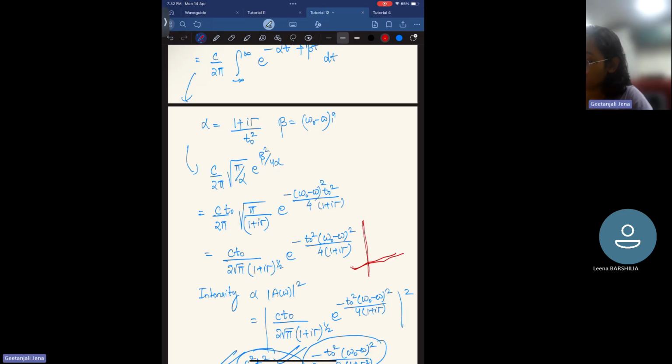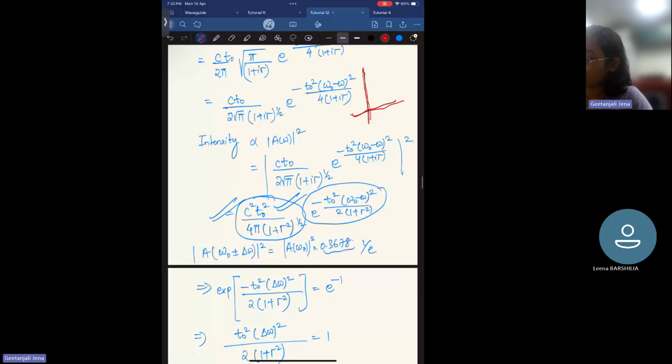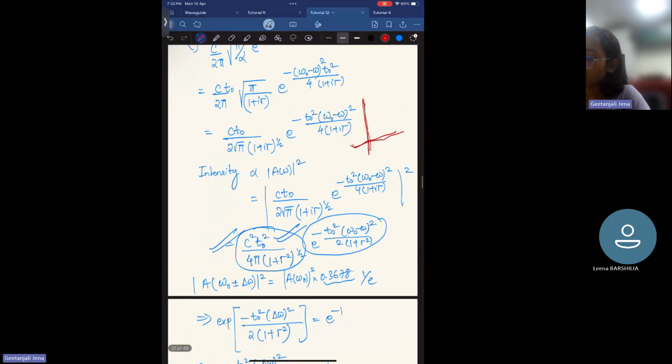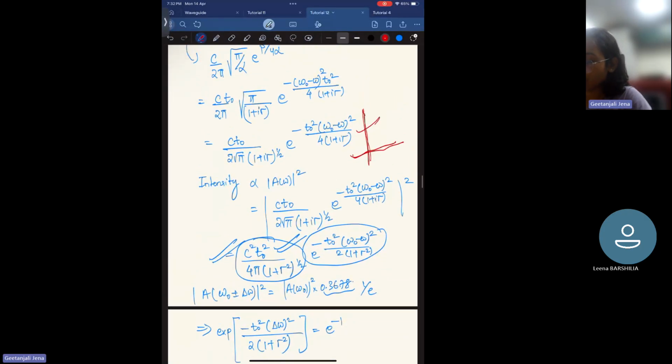Let me know whether up to this it is clear or not. This is the expression for the intensity, right? So you have already calculated the value for A of omega, so you just need to take the mod of A of omega square, which is this expression we have already seen.